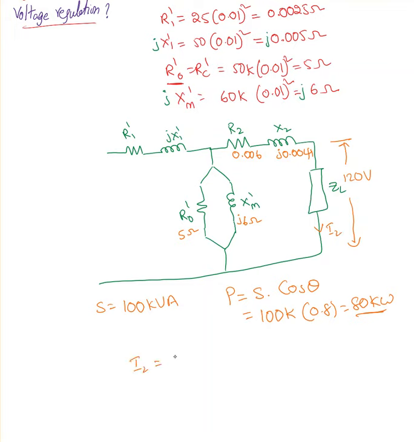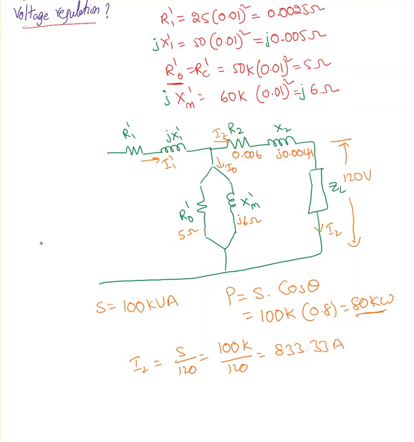I2 equal to S over 120, 100K over 120, that is 833.33 ampere. That is the current passing through the circuit. Now, to further simplify it, we call this current as probably I1 prime, and then I0, and then I2.